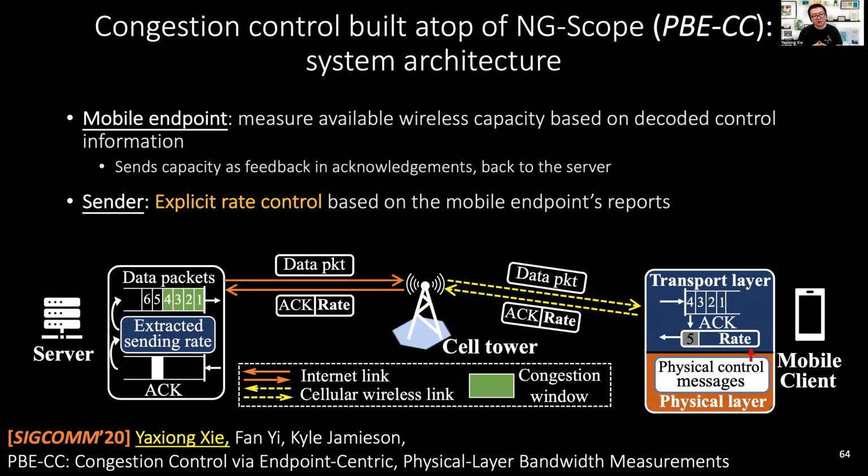In the end, we want to further prove the effectiveness and accuracy of the derived capacity using NG-Scope. We actually built a congestion control algorithm using that information. We wrote a whole paper to describe our congestion control. Please refer to our CCOM paper for more details.